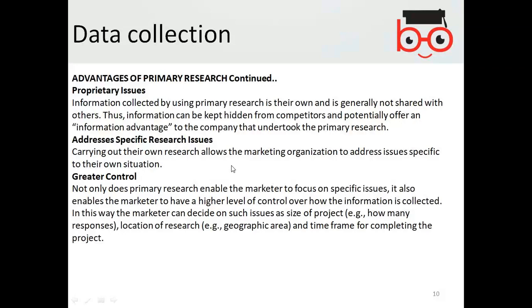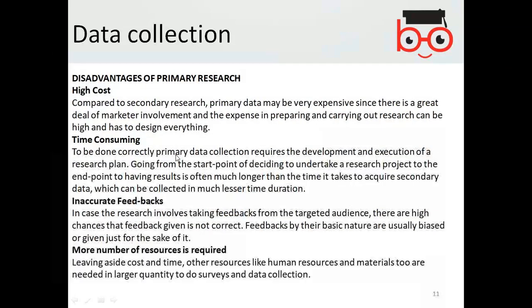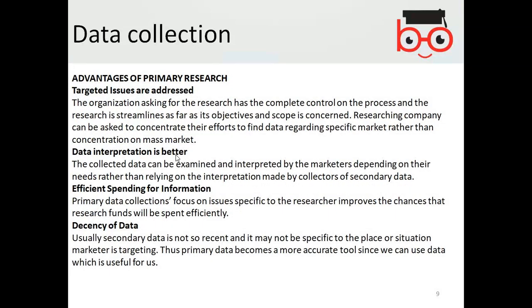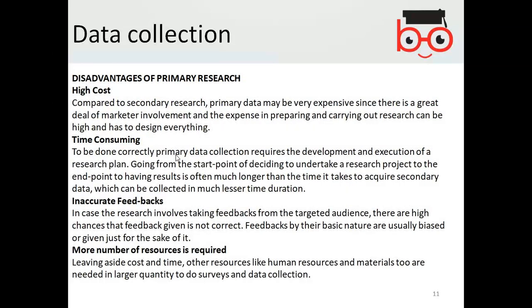So overall, primary research has more advantages as compared to the secondary type of data, but obviously there are certain disadvantages as well.